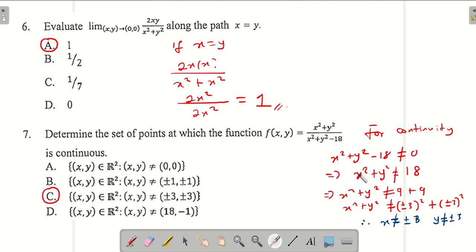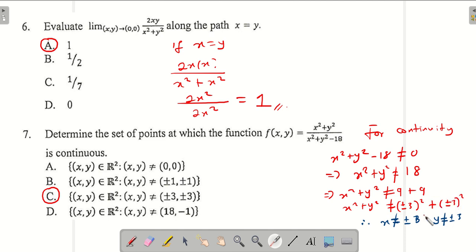This implies that x squared plus y squared shouldn't be equal to 18. Now we can write the right hand side, the 18, as 9 plus 9, where we know that 9 is the same as plus or minus 3 squared. So by comparing, x squared plus y squared is the same as plus or minus 3 squared plus plus or minus 3 squared.